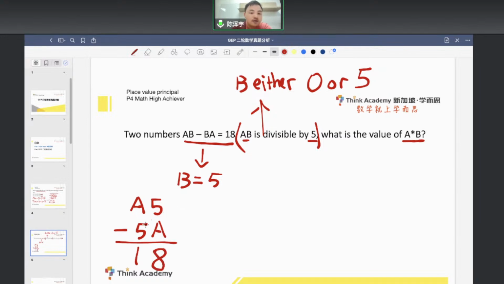Now let's see what can be the value of A here. 5, minus a number, gives you 8. What can it be? If you know the answer, you can type in the comment section. 5 or 15, I already gave you a clue. 5 or 15 minus what number can give you a one digit of 8?